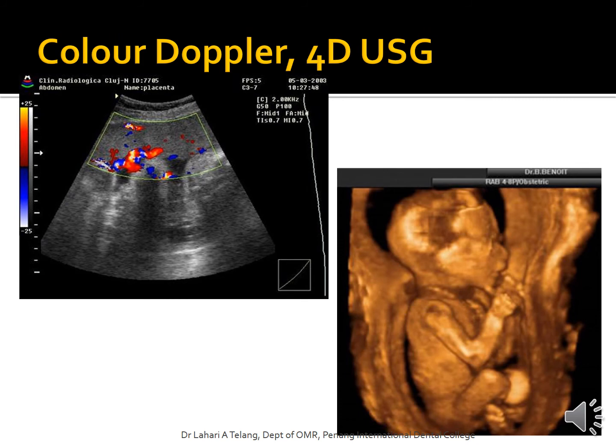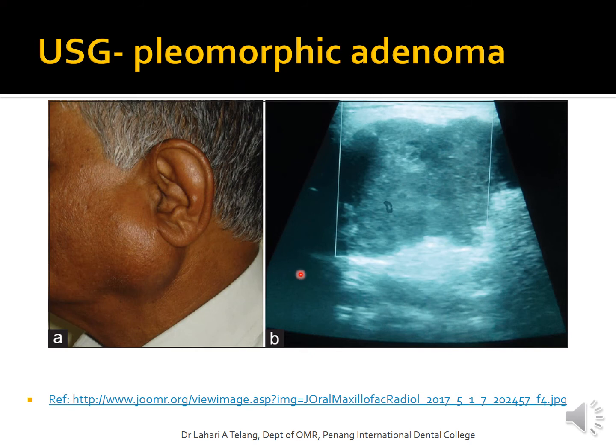This is, for example, how color Doppler looks like. This is a 4D ultrasonography of a child, a fetus, which you're seeing, and very clearly the face of the fetus and any deformities or kind of anomalies can be made out very clearly in the ultrasound. This is an example of a pleomorphic adenoma.